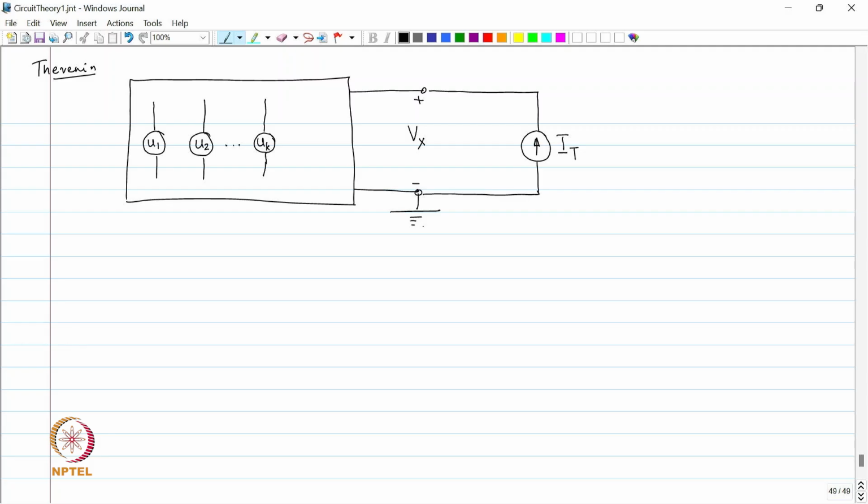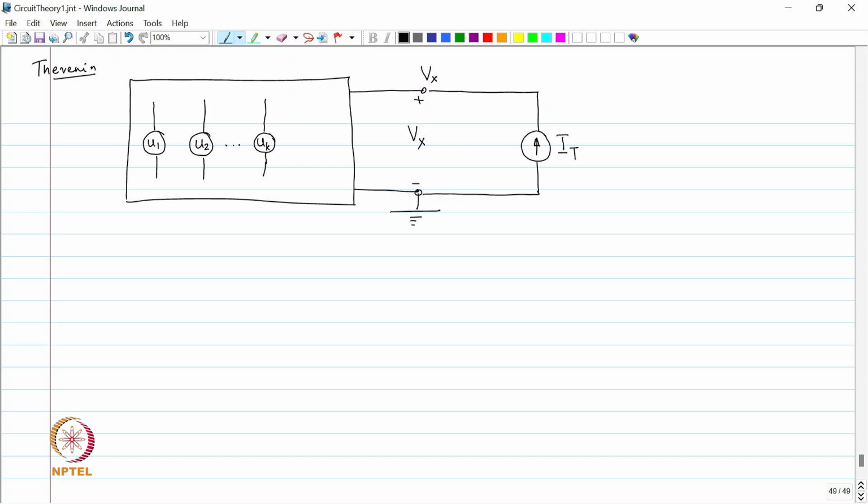Arbitrarily, let us ground this point, and here the voltage becomes V x, correct? Correct. I mean, potential difference earlier was V x, now that voltage is V x. All right. Now, let us assume we are solving this with the help of node method.